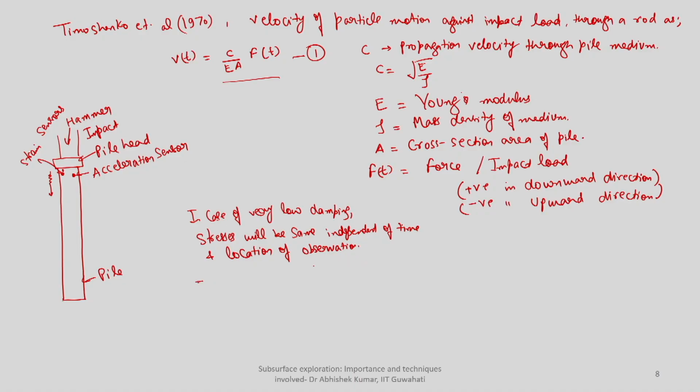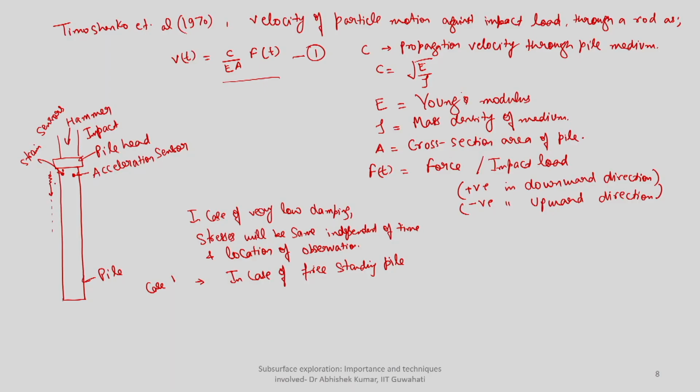What happens in case 1, the case of a freestanding pile? You initiated or triggered some kind of disturbance at the pile head, as a result of which this disturbance will first be detected by the acceleration sensor. There will be some disturbance here which you can call the acceleration time history.